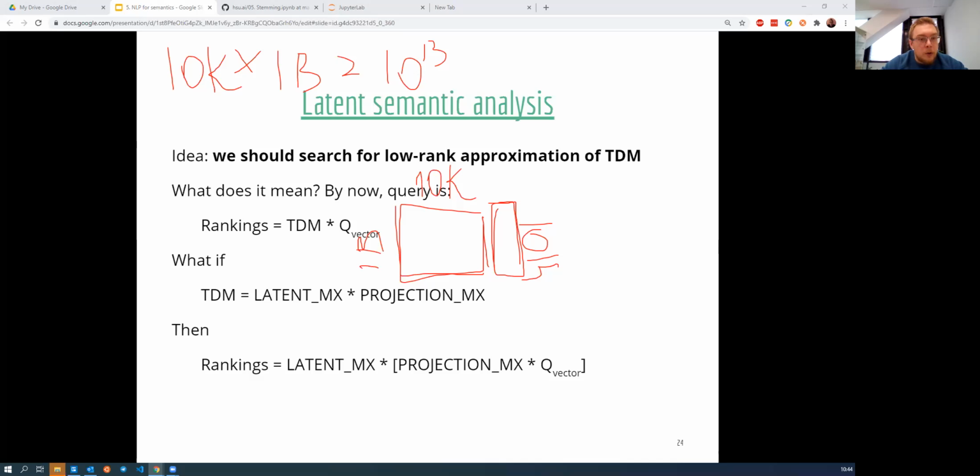That's why we do low rank approximation. We first try to find smaller dimensions, reduce the size, and find the orthogonality together somewhere. That's why we build it into the form of multiplication. Now we have the vector Q of the same size, so it's 10K here. As multiplication should be preserved, there will be 1 billion here.